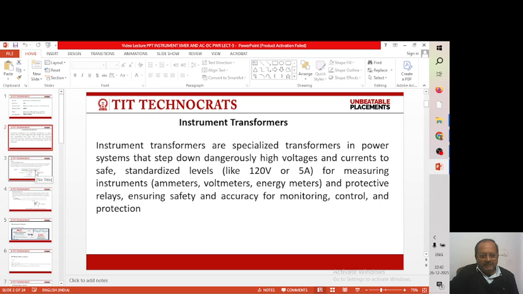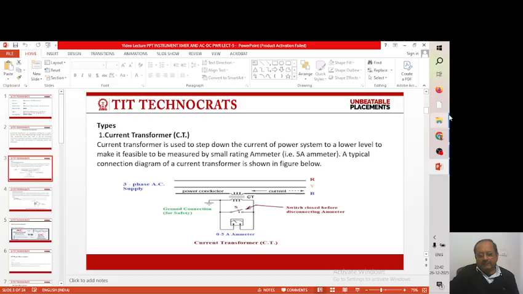So first we will see the current transformer. The current transformer is used to step down the current. This is the construction of a current transformer. We can see this is our transmission line or distribution line, and the current transformer is connected in this line in this way.